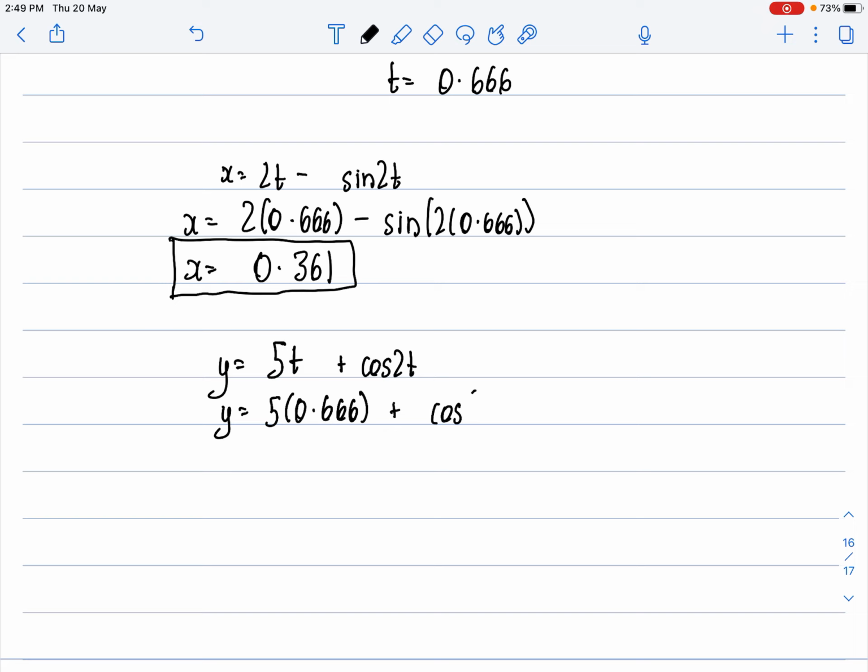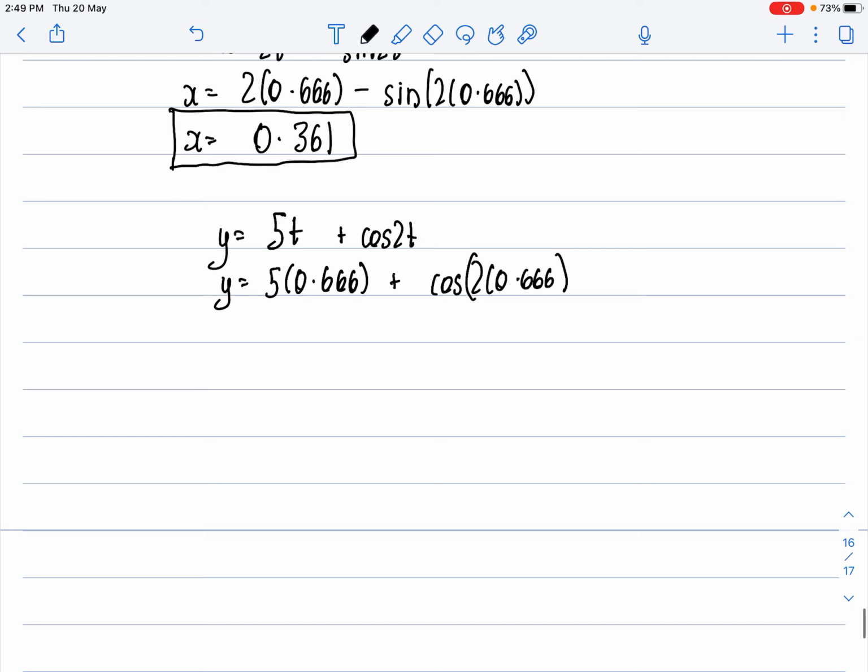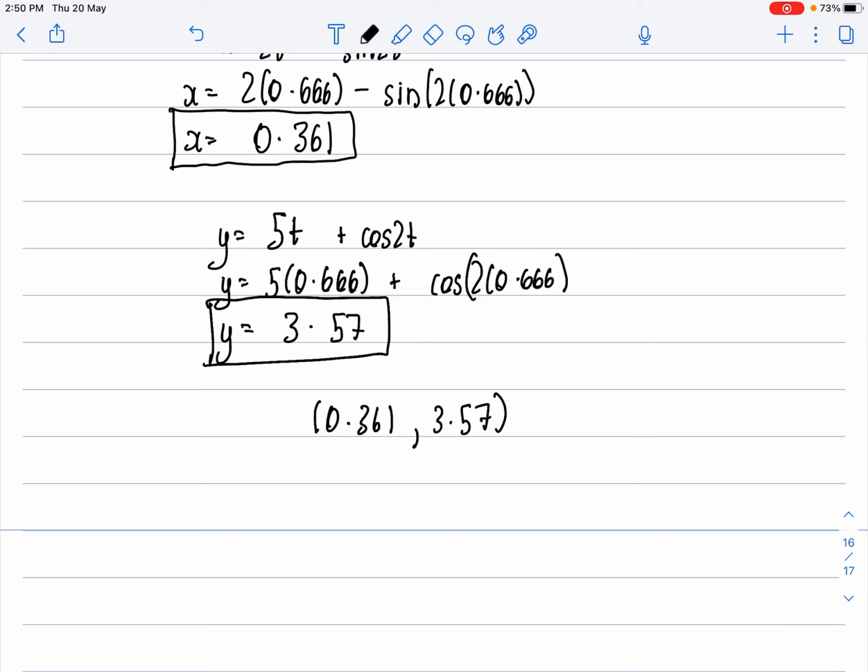So y equals 5 into 0.666 plus cos of 2 into 0.666. When I solve this, the answer I get is 3.57. So these are basically my coordinates of P.